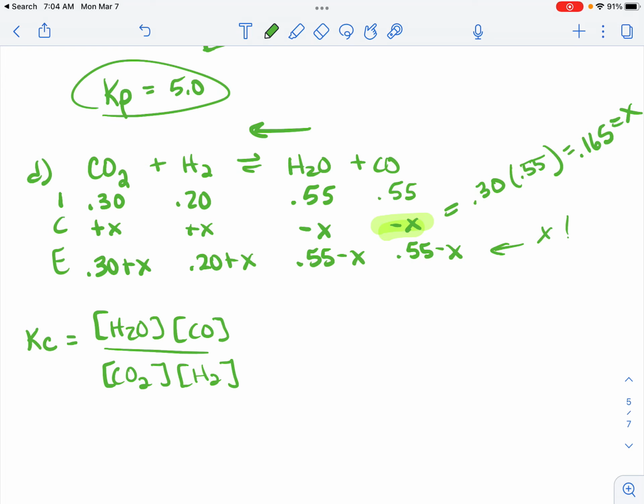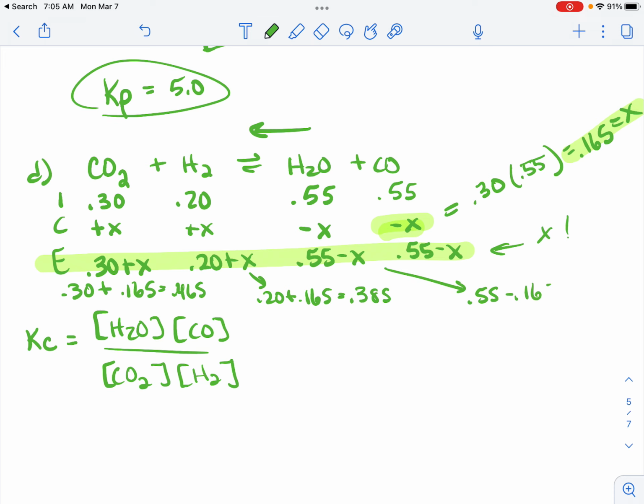So the idea would be that since I'm solving for K, I have to know X. So in this case, I can come back in and figure out the equilibrium line of all of this by substituting this value for X. So 0.30 plus 0.165 is 0.465. 0.20 plus 0.165 is 0.385. 0.55 minus 0.165 is 0.385.